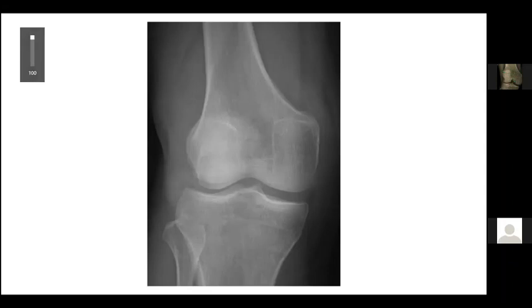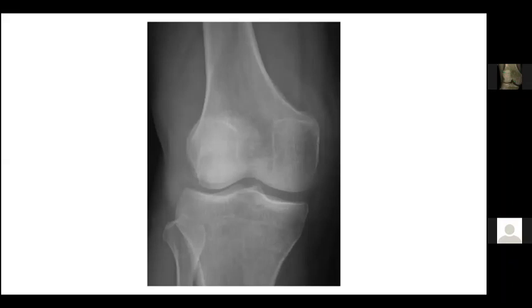Is the patella translated slightly lateral? It's very difficult to comment about the patella position because you don't know the rotation of the leg. But I don't think it is anything to do with the patella. Mild opening of the medial joint line?